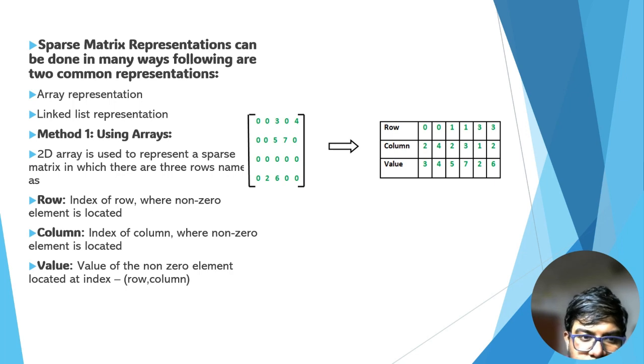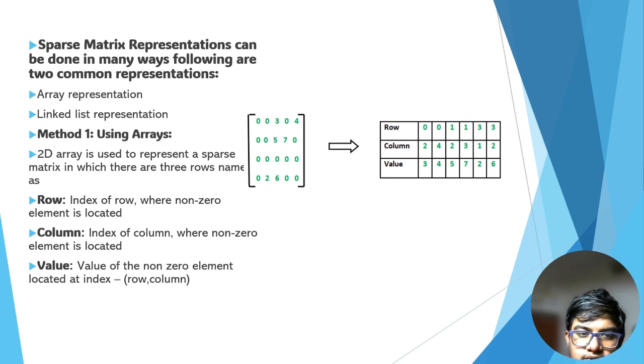The column says 2, counting 0 1 2 vertically, that is going to be the indexing, and as you can see the value is 3 here.